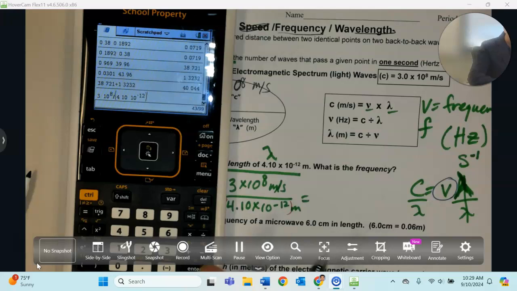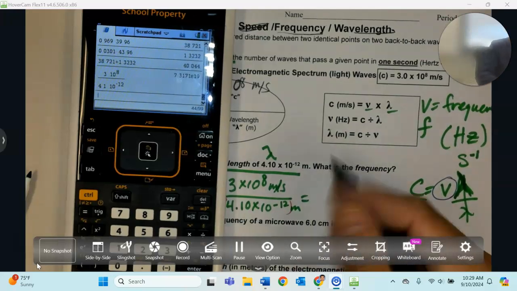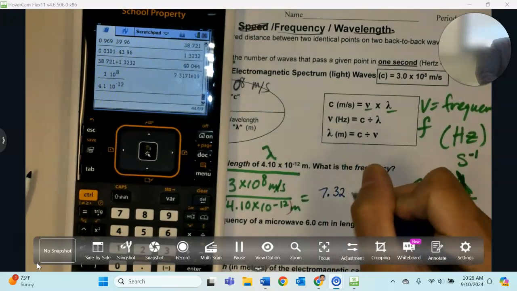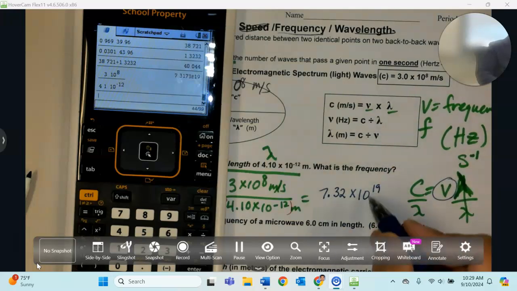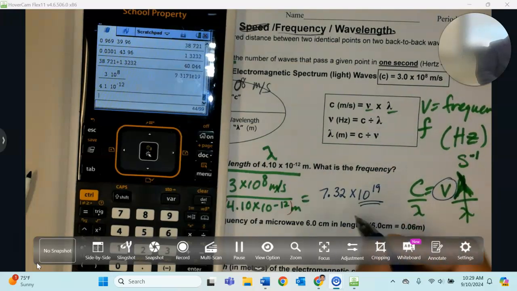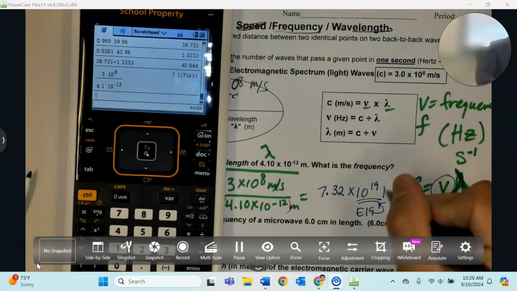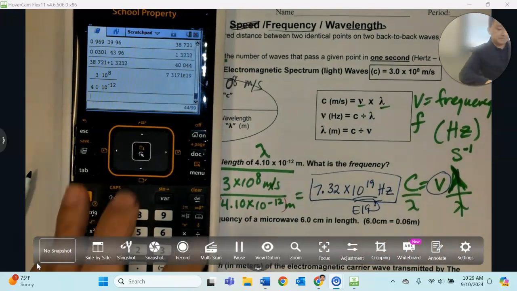Make sure you close that parentheses and hit enter. Voila! You see that 7.3, we'll write to 232 times 10 to the 19th. That E19 means 10 to the 19. Okay, that's what that is. So when you write it out, it's times 10 to the 19, and the unit is hertz, Hz, and that would be the frequency.